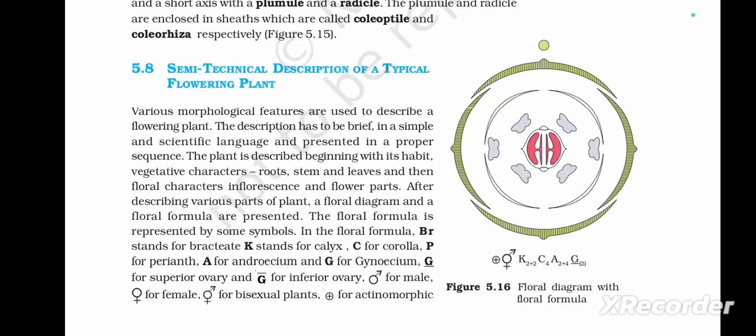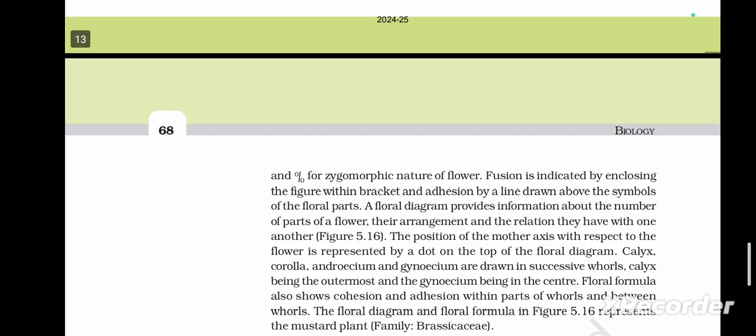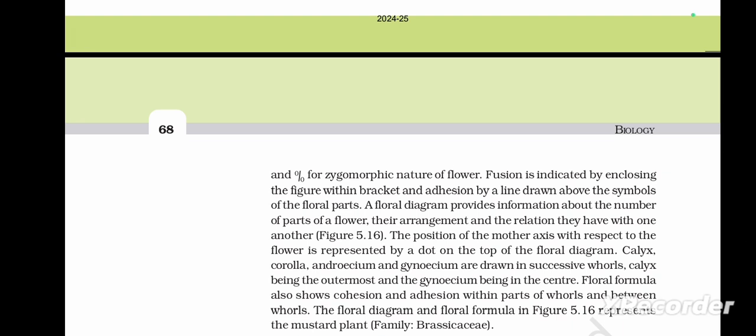G with a bottom line, underlined, is for superior ovary and G with the upper line is for inferior ovary. And there are symbols for male and female, and also bisexual, and actinomorphic and zygomorphic nature of the plant.